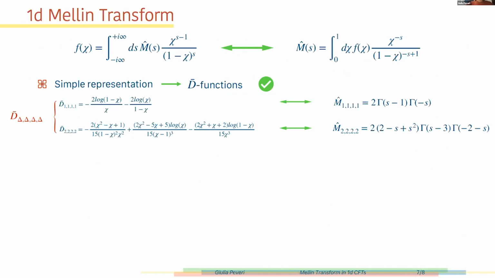It seems that in 1D you are not really expecting to get just a constant. In this case we have a constant and a polynomial, so it's not as simple as the higher dimensional case.